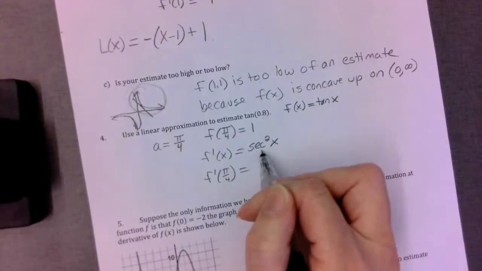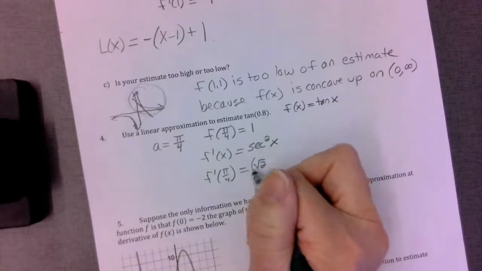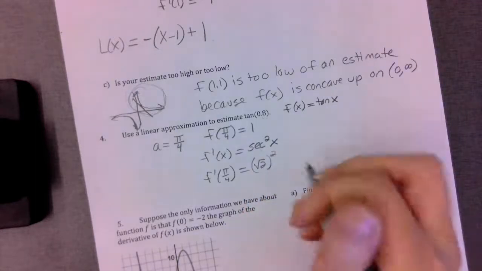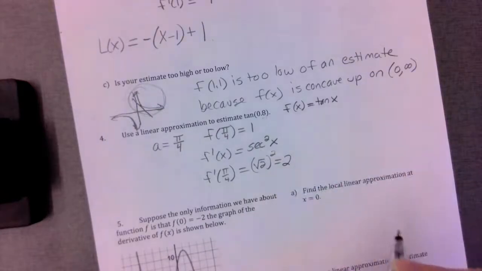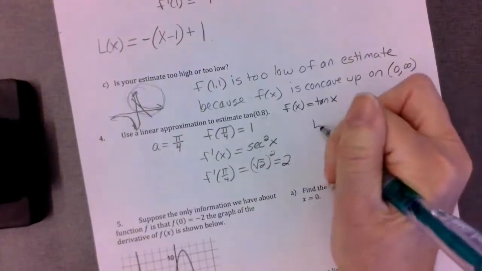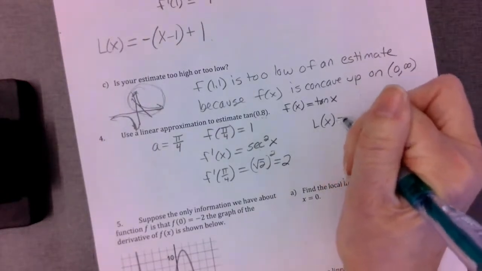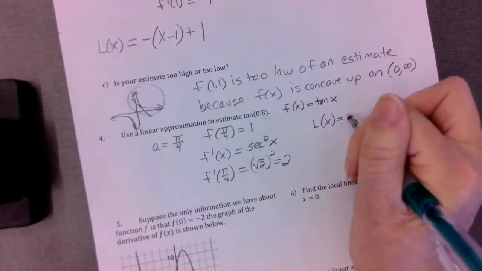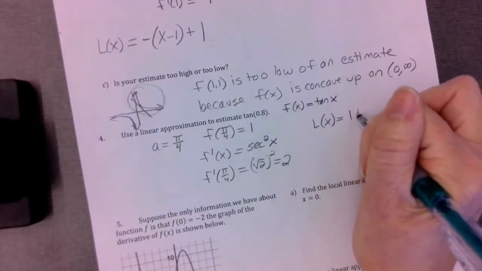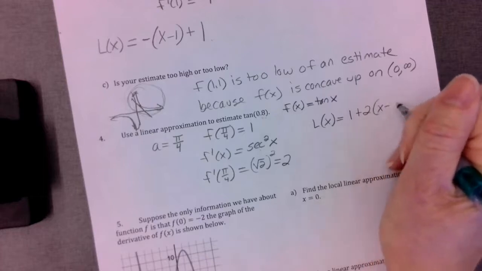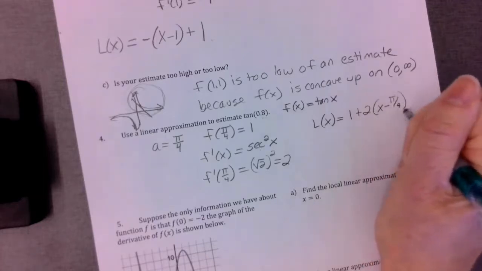Flipping the cosine. Cosine is 1 over root 2. If I flip it, I get a root 2 and square it. So that means the slope value should be a 2. The linearization in general is going to be 1 for the y value plus 2 times x minus pi over 4.